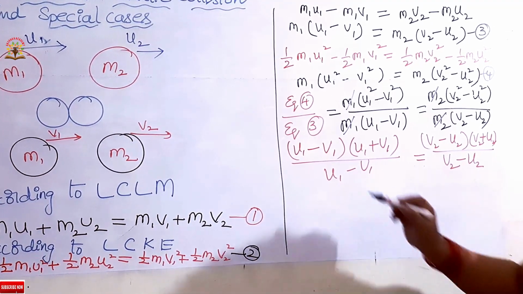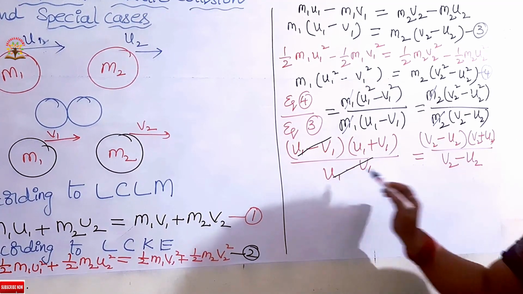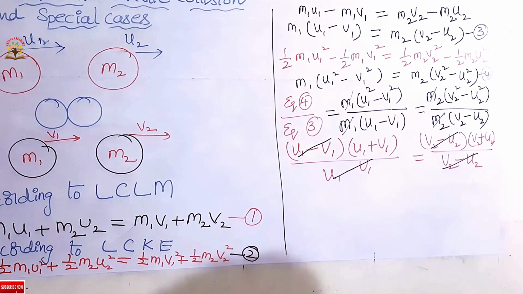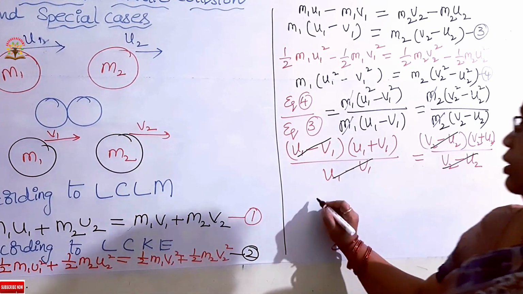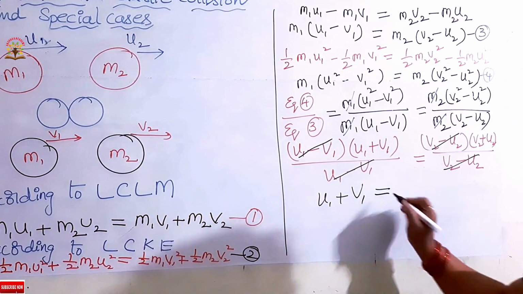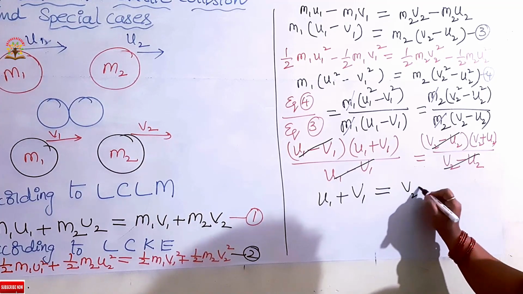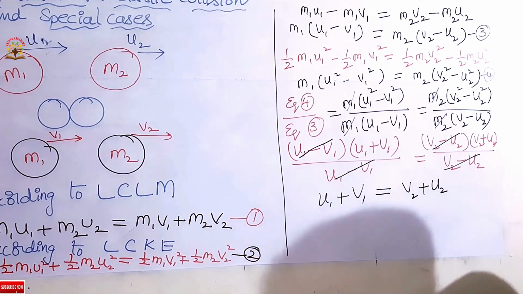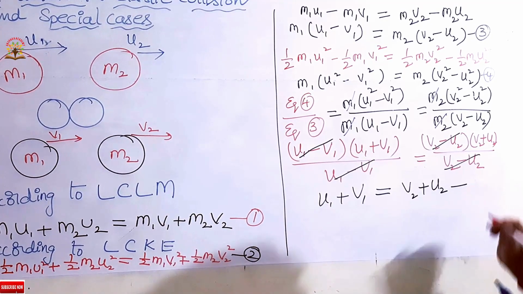Now here u1 minus v1 and v2 minus u2 are common and cancel each other. Then the remaining equation is u1 plus v1 is equal to v2 plus u2. This is equation number 5.